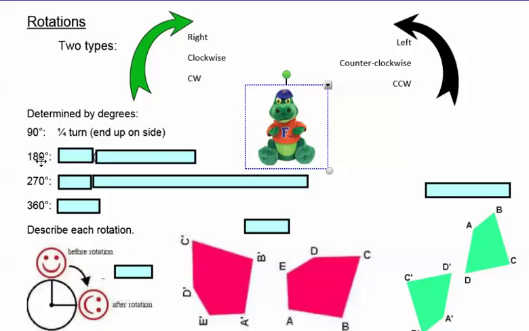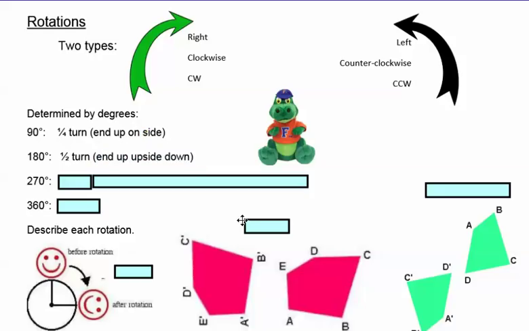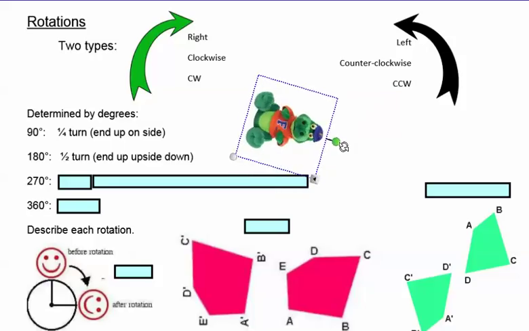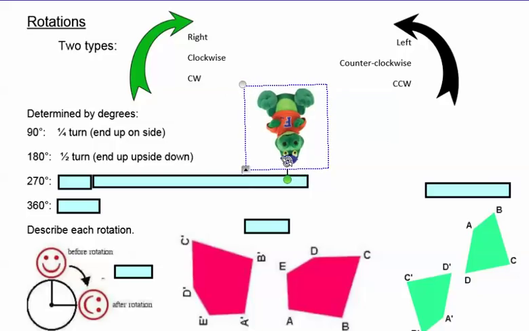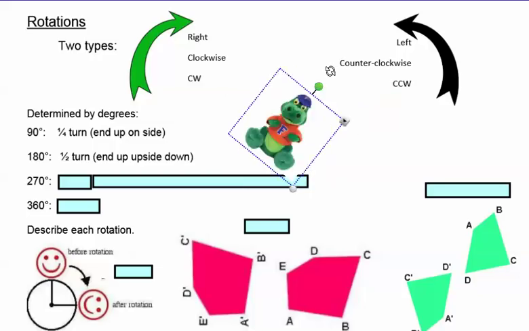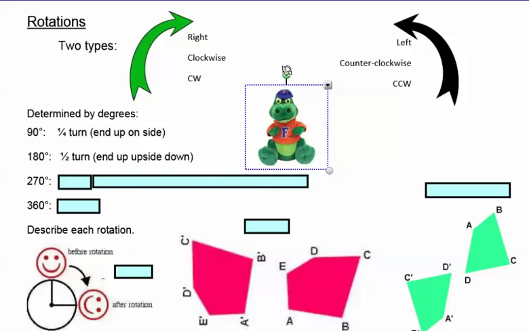180 degrees is a half turn. How is Albert going to end up if we rotate him 180 degrees? He's going to end up upside down. So 180 is a halfway turn. If I do it clockwise, he ends up on his head, upside down. Now if I do it counterclockwise, how is he going to end up?